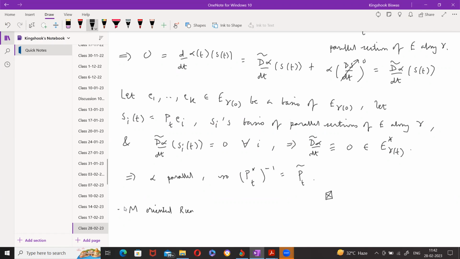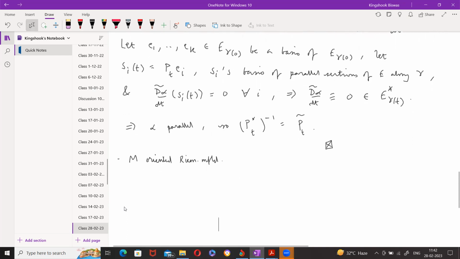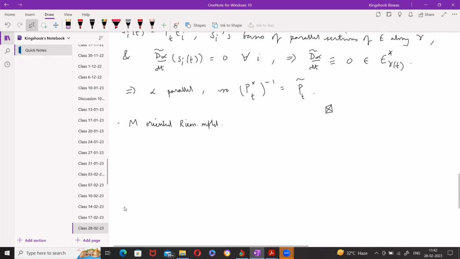So that means each tangent space has a choice of orientation, and these choices of orientation are, in a sense, continuous. So then any tangent space is an inner product space with an orientation mu_p.